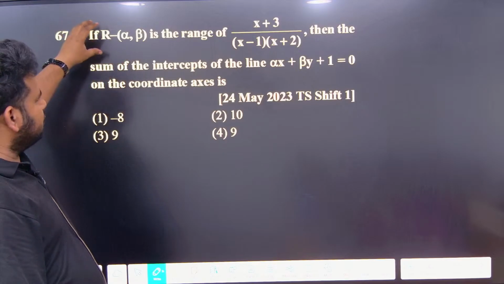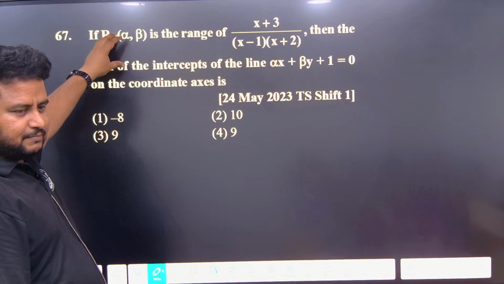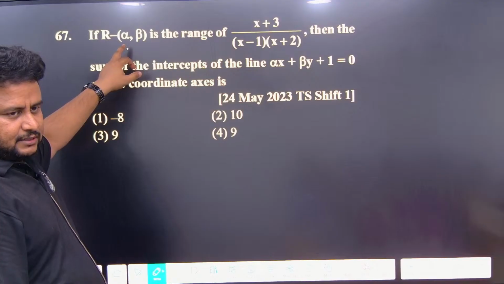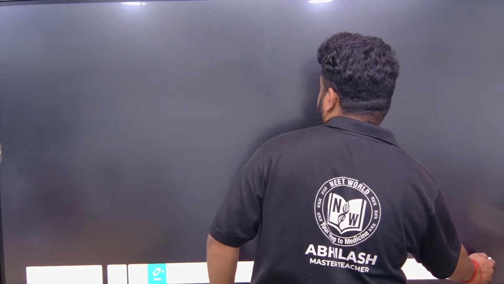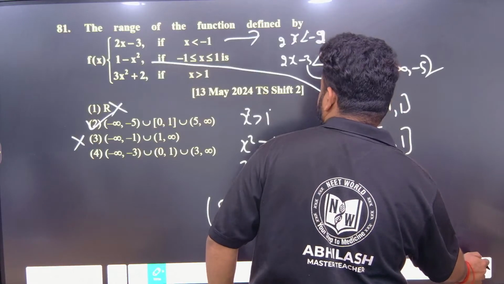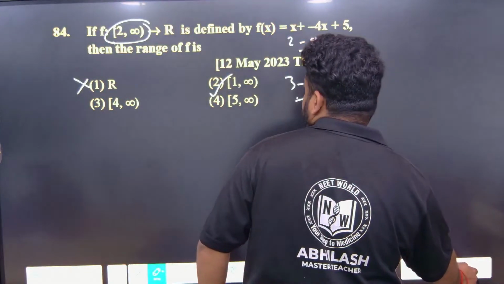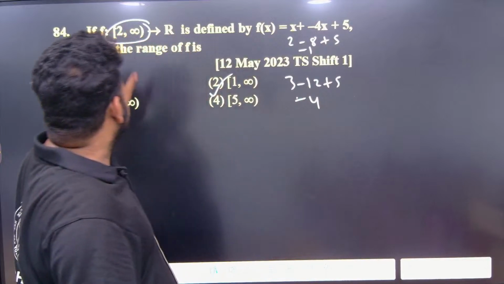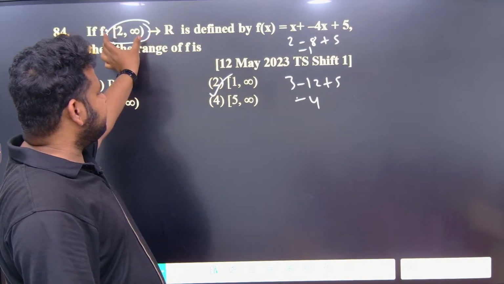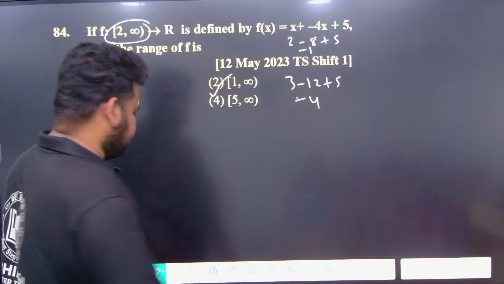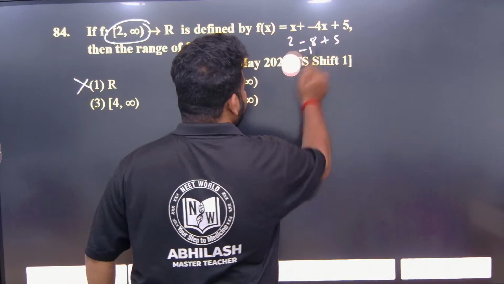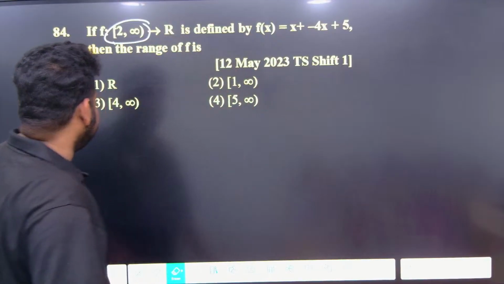That means out of the set of all real numbers, all the real numbers are there except alpha beta. Now for this function, except this you have to give all others. That is the meaning of it. I told the other way.